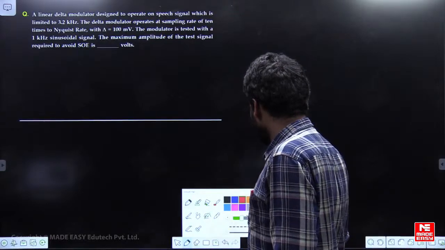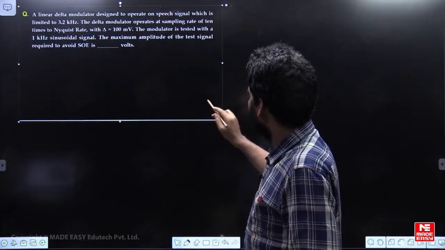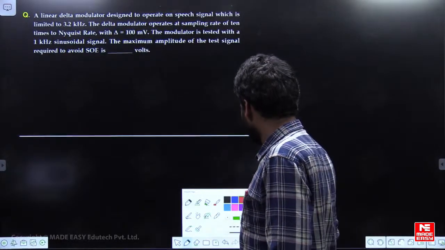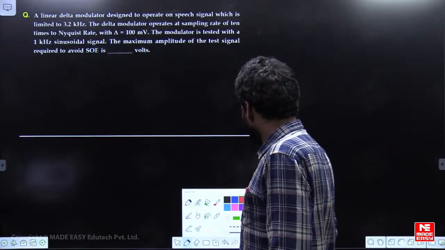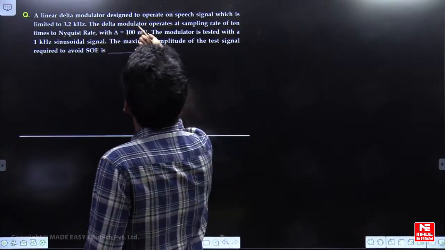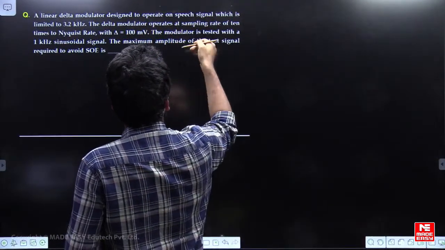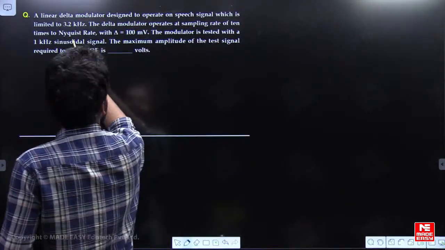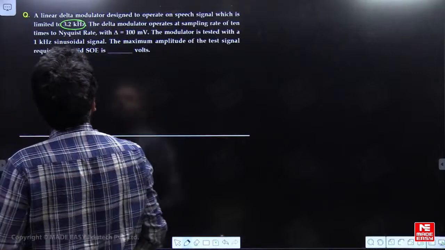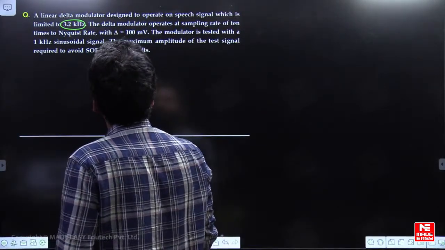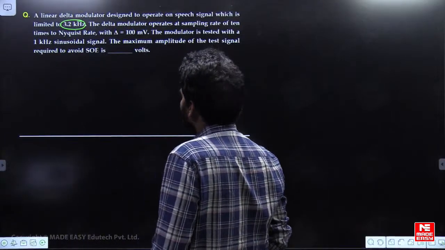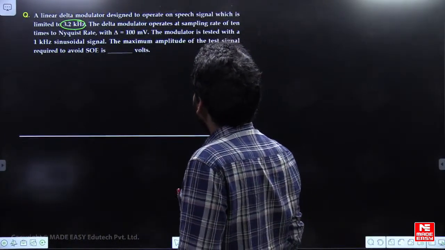Yes. So this question is about delta modulation. Let me read the question here. A linear delta modulator is designed to operate on a speech signal which is limited to 3.2 kilohertz.